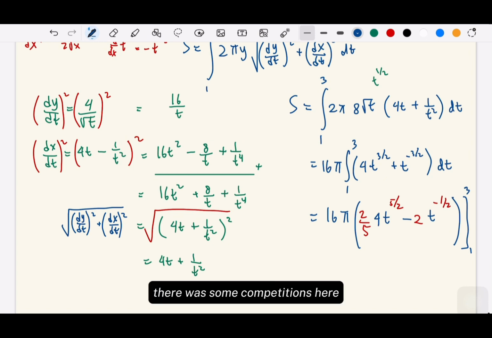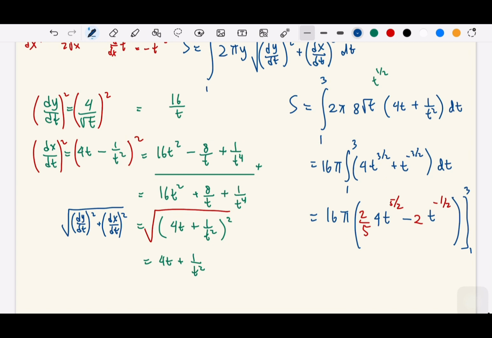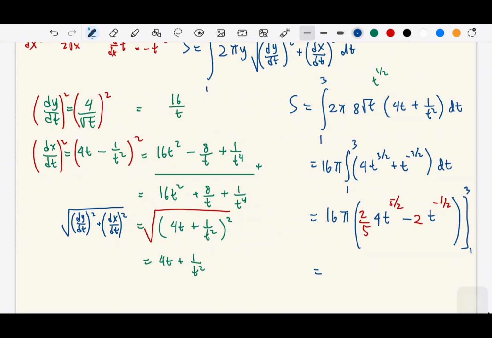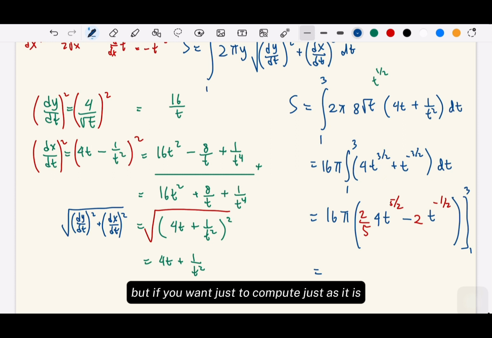There will be some computations here, but I think for my exam, you can bring your calculator just to compute something like that. But if you want to compute just as it is, I think sometimes it's still okay.